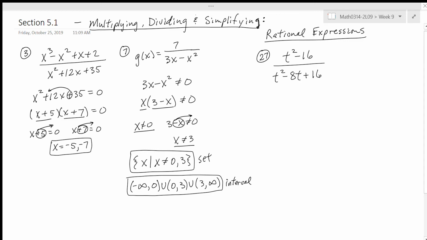That's all it says, simplify. Okay, so I got 2 words for you. When it says simplify, you're going to factor and cancel. Got it? Factor and cancel.